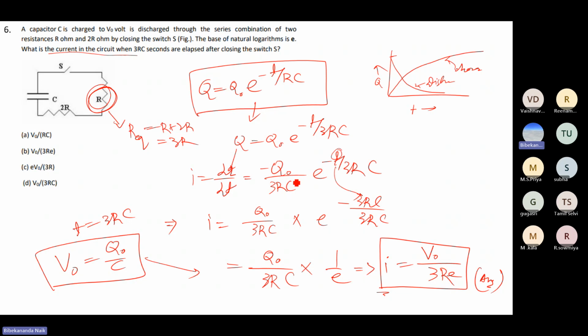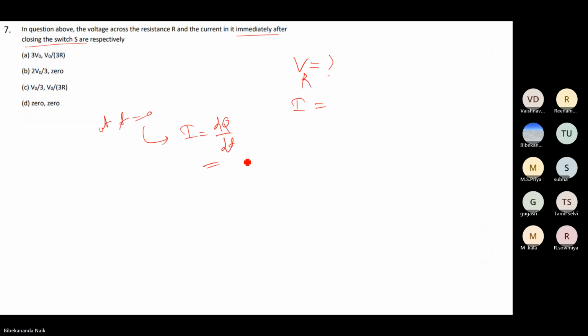So I0 is Q0 by 3RC into e to the power minus 0, which is Q0 by 3RC.